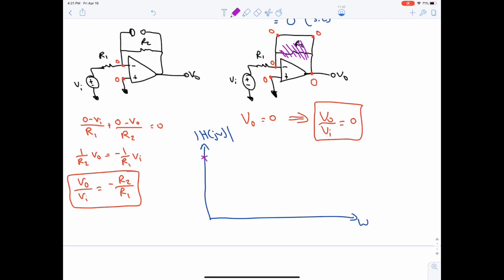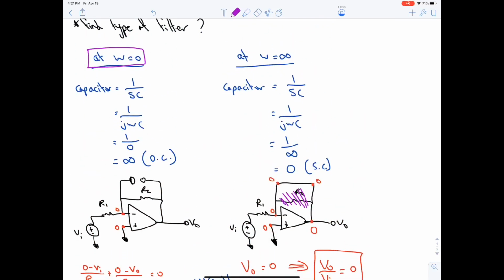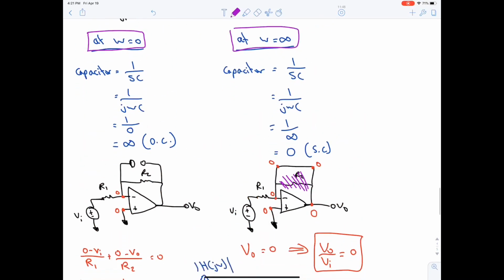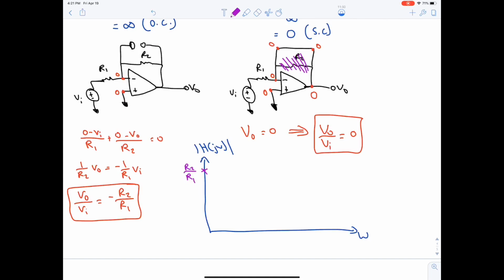And when omega is equal to infinity, the magnitude is 0. So this is the active low pass filter.